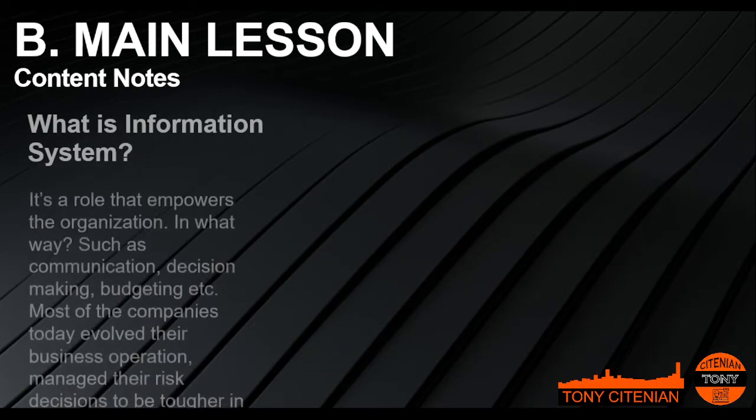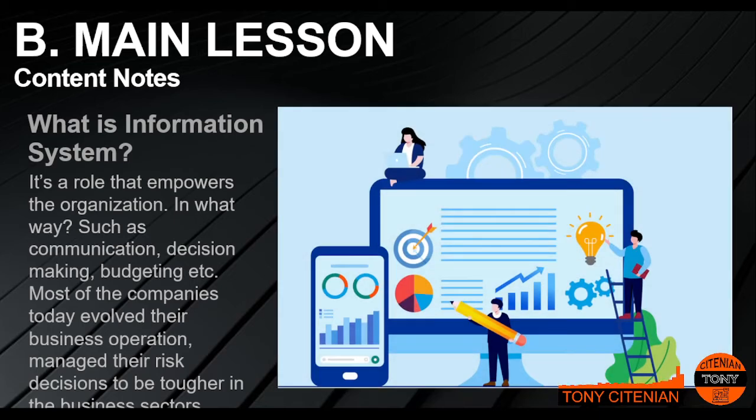What is an information system? It is a role that empowers the organization in what way? Such as communication, decision making, budgeting, etc. Most of the companies today evolve their businesses, operations, and manage their risk decisions to be together in the business sectors.